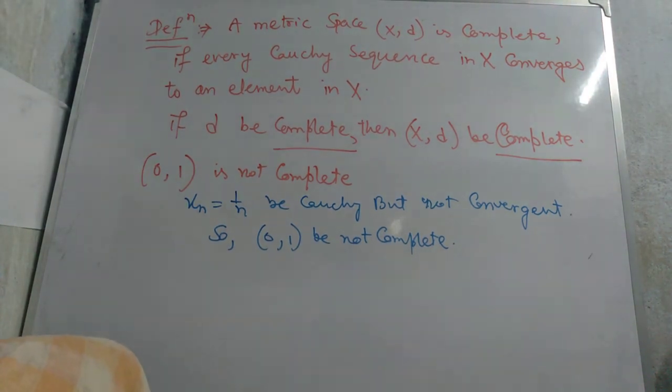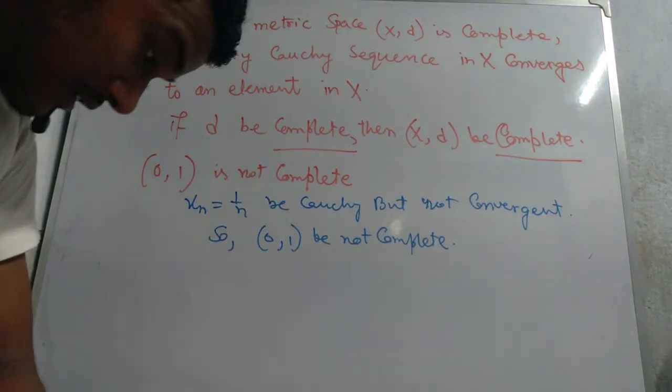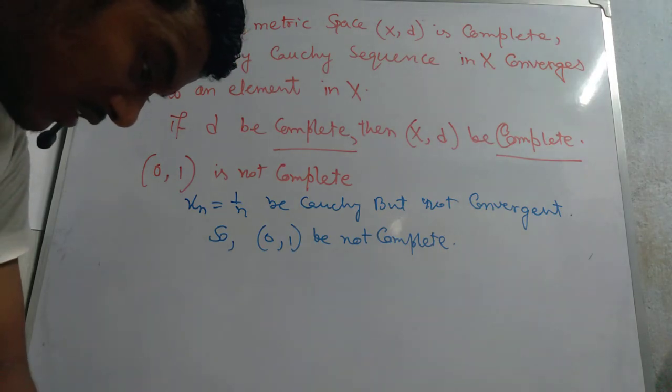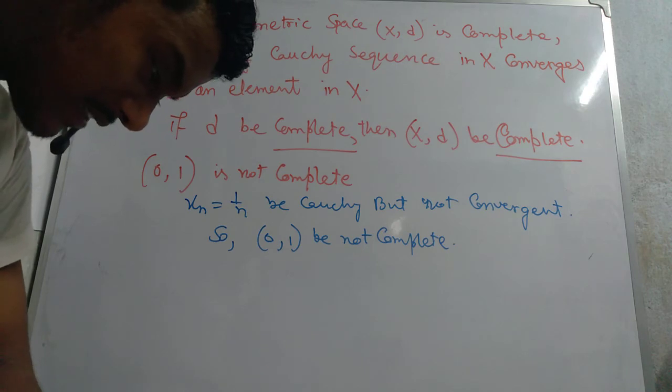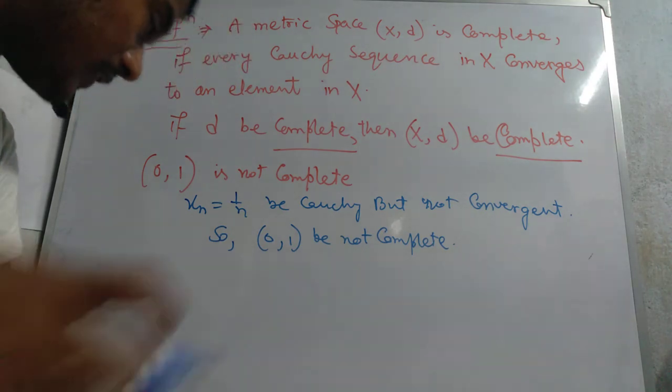Next we show that any discrete metric space is complete.